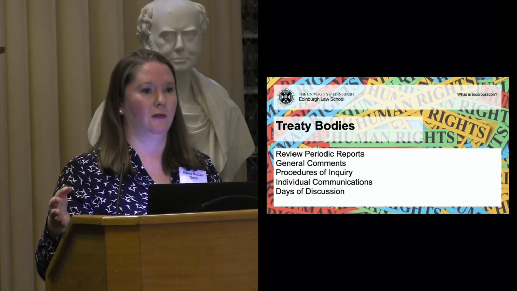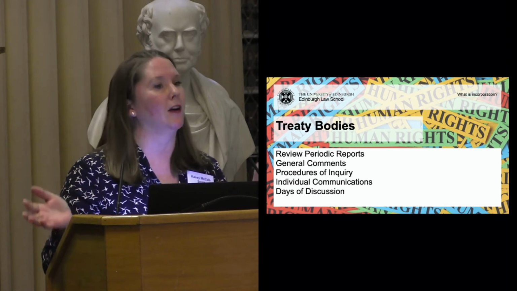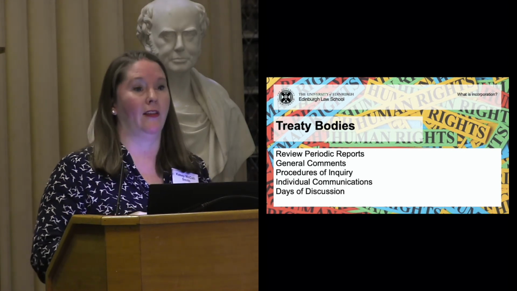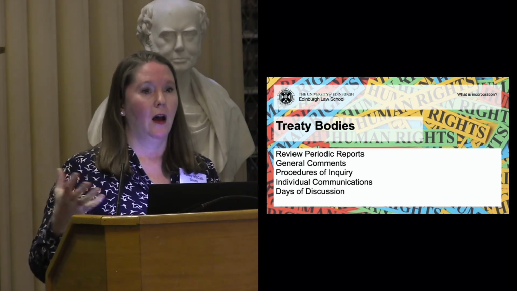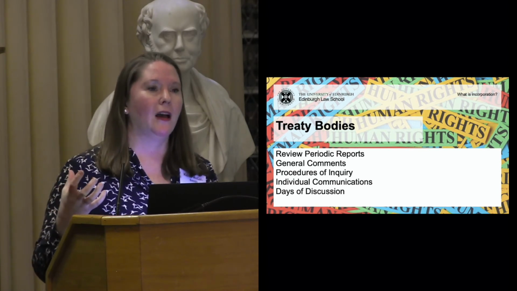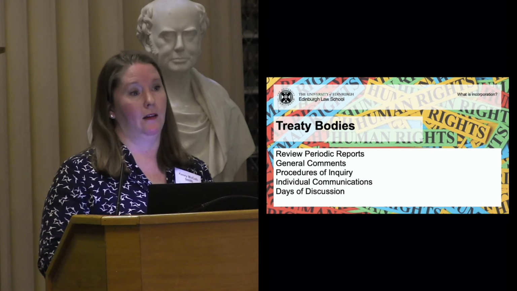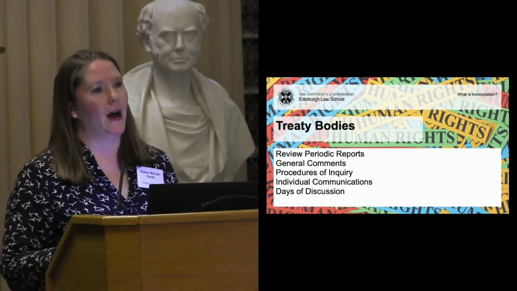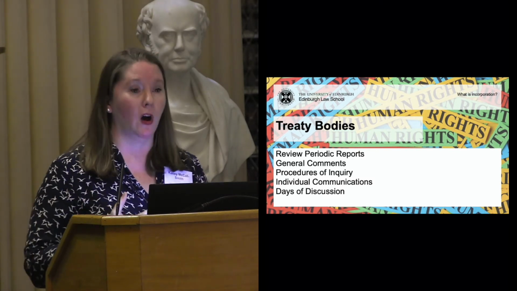Society has changed, technology has changed, the way we live our lives has changed, and human rights have to evolve with that. That's why we call them living instruments, and we talk about the evolutive interpretation of rights, because they can't be static.